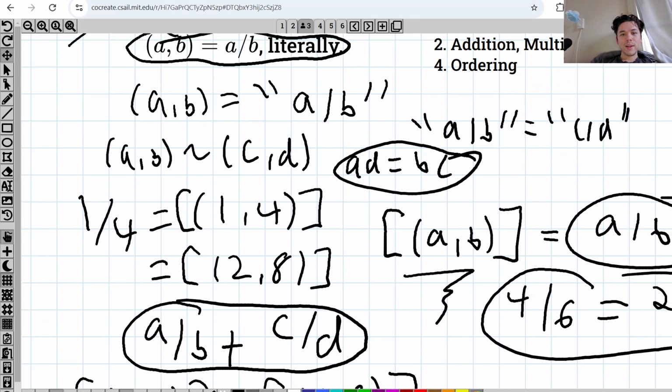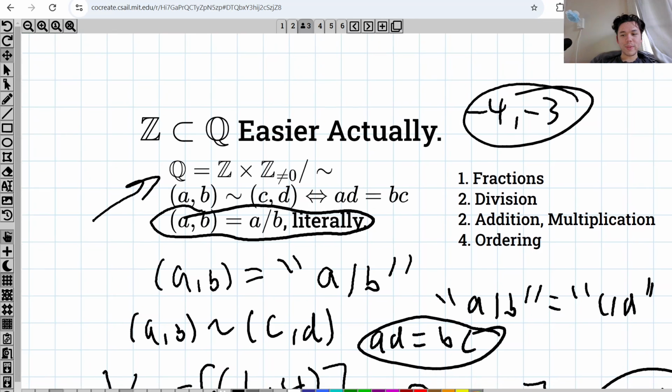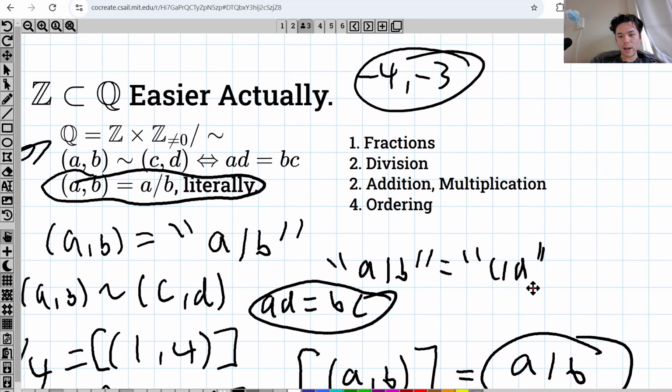And so the funny thing is that this construction and the way to do addition, multiplication, and to show when things are bigger or smaller than other things is something that is done in middle school or whenever in school they do this. And so I'll just leave that to you as another piece of practice of doing this mathematical construction of starting with something, taking a product, and then modding out by an equivalence relation.